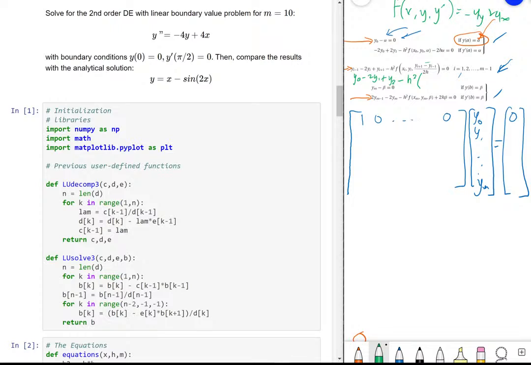So this is negative 4y1, because this is yi, so this is 1, then plus 4x1.